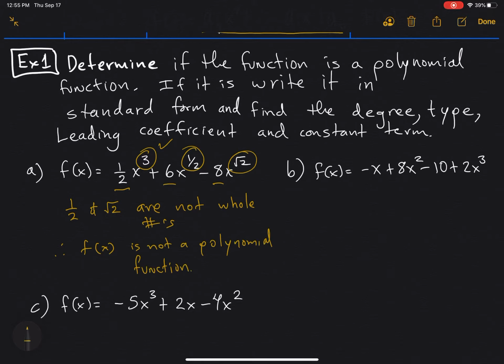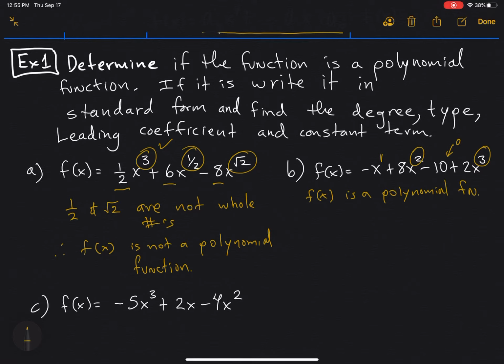It is a function. It's a different type of function, but it's not polynomial. If you look at all the exponents on the next example, in part B, we have an exponent of 1, 2, no exponent, that's a 0, and then there's a 3. All of those are whole numbers, so then f of x is a polynomial function.